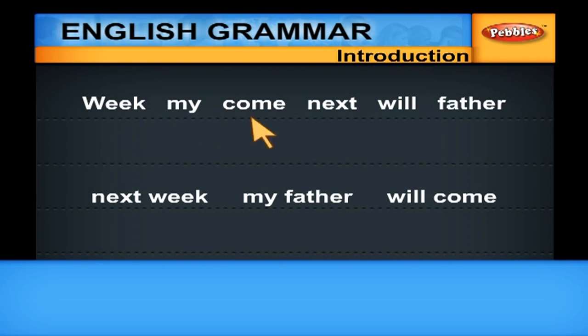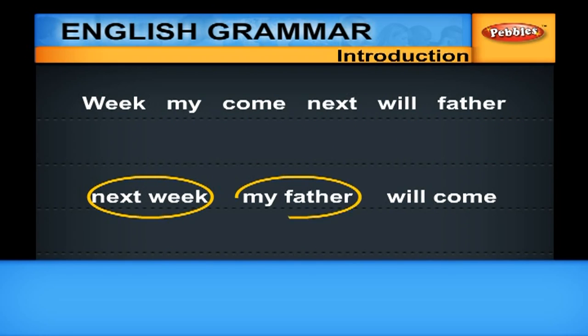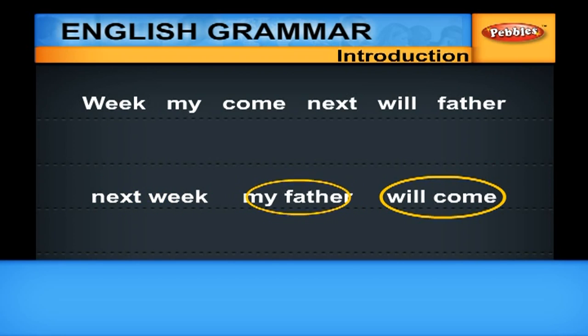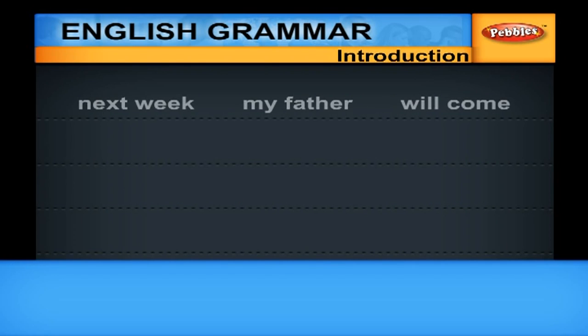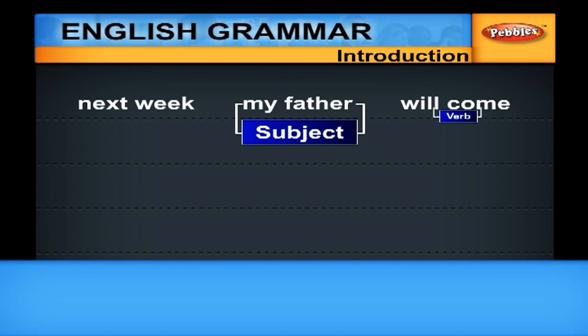So, from these six words, we have formed three groups: next week, my father, and will come. Then how do you make it into a sentence? You know that in English there must be a subject. The subject in this group is my father. The verb must come next: will come.